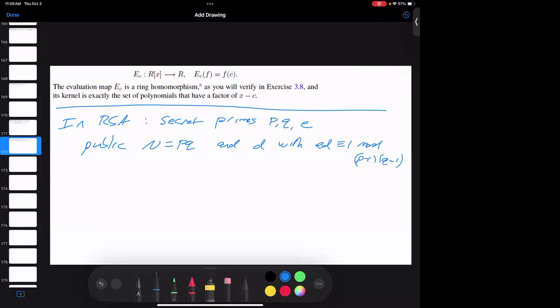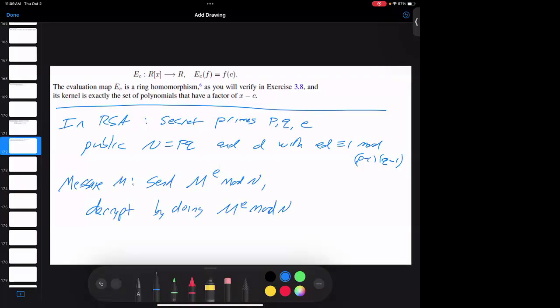And then if we want to send message M, we send M to the E mod N, and you decrypt by doing M to the E mod N, to the D, mod N.